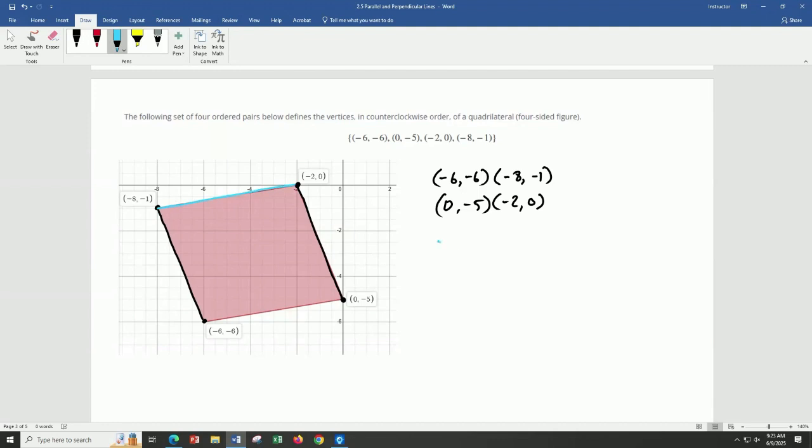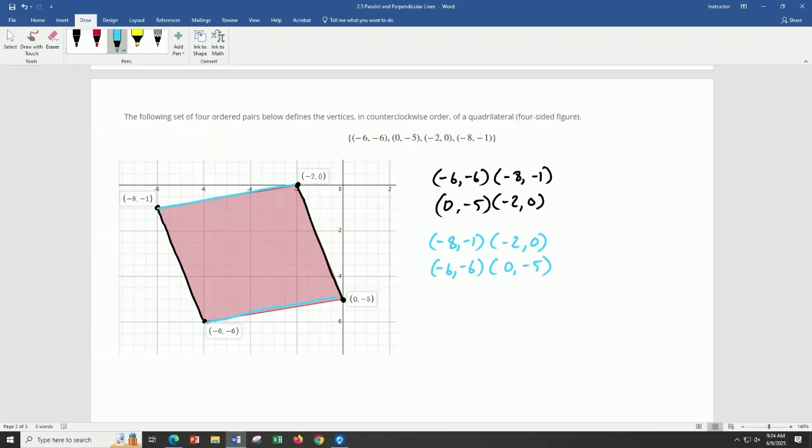It's going to give me a negative 8, negative 1, negative 2, 0. And then I'm looking to see, is it parallel to this line here that has negative 6 and 0, negative 5? To be parallel, I'm looking for what? They have to have what slope?